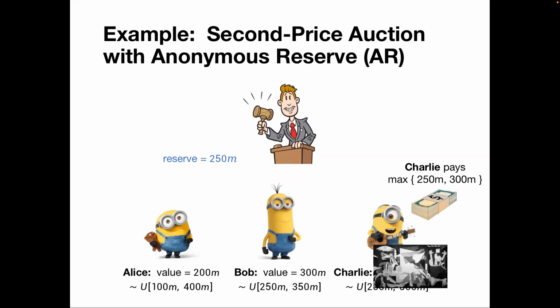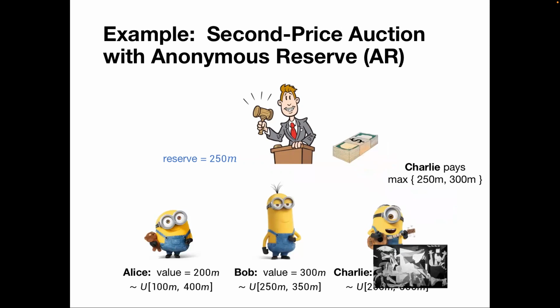That is, Alice will be rejected by the reserve price, but both Bob and Charlie have higher values than the reserve, and so they run the second price auction, and Charlie as the higher bidder gets the item and pays the value of Bob. So his payment will be $300 million.